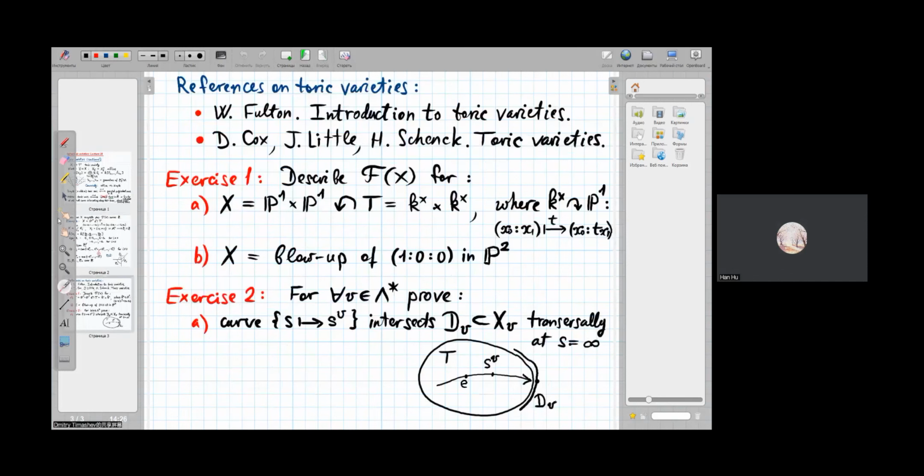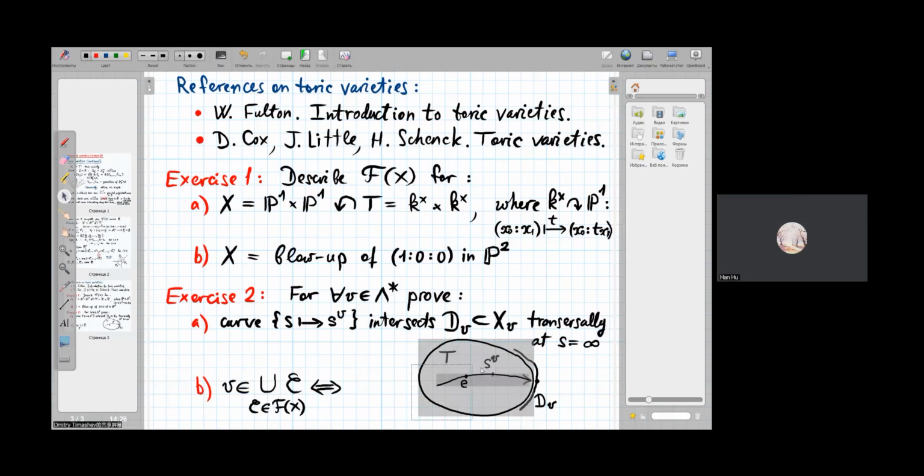And the second part of this exercise, part B. Part B is to prove that v is covered by the cones in the fan of X if and only if, again, let me move this picture.